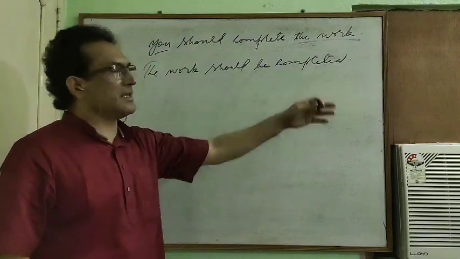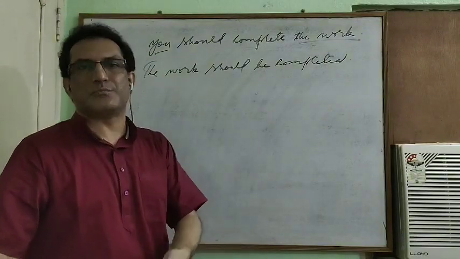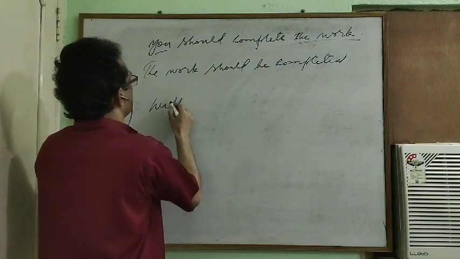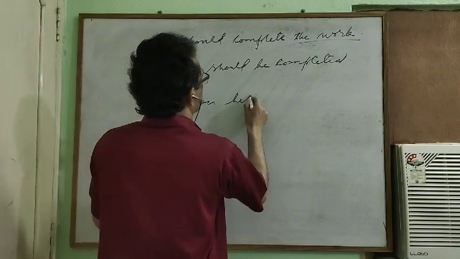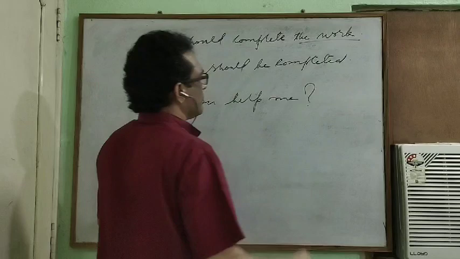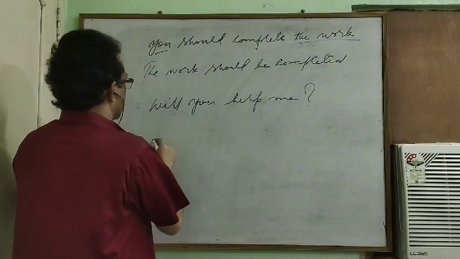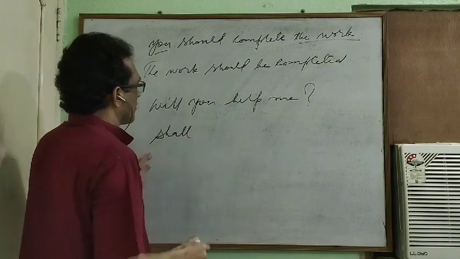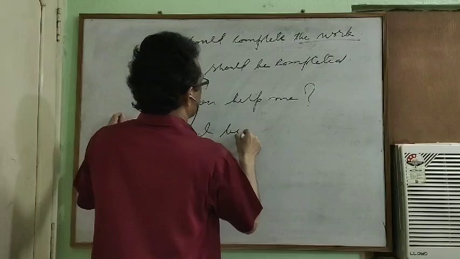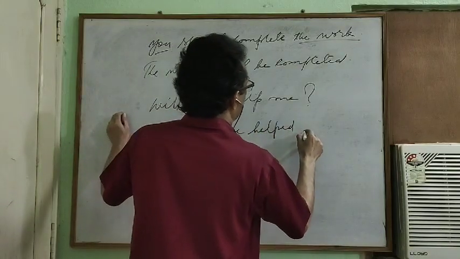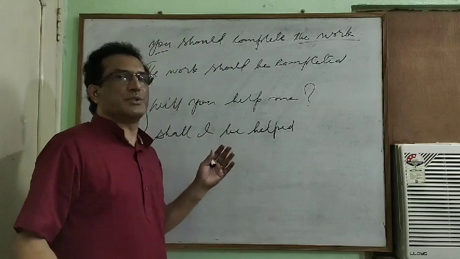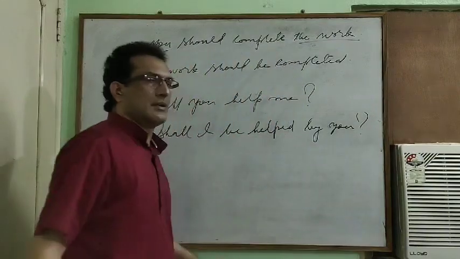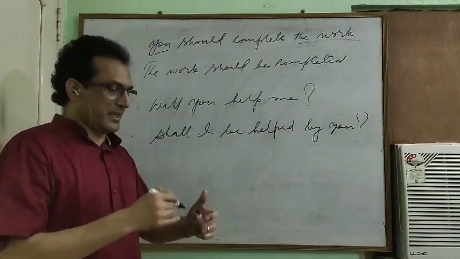So the work should be completed, or the work should be completed by you. For example, will you help me? Question. Will you help me? Again, shall or will: with first person we normally use shall. Shall I be helped? Now, by you is understood. Shall I be helped? So these are the forms of be.